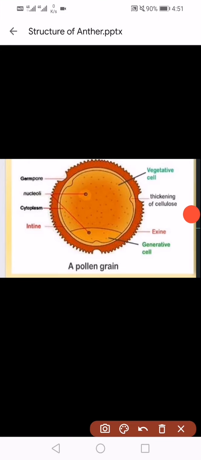The exine is hard and is the outermost layer of the pollen grain, composed of a substance called sporopollenin. So the exine of the pollen grain is made up of sporopollenin. Along with the sporopollenin content, the exine also contains narrow areas.